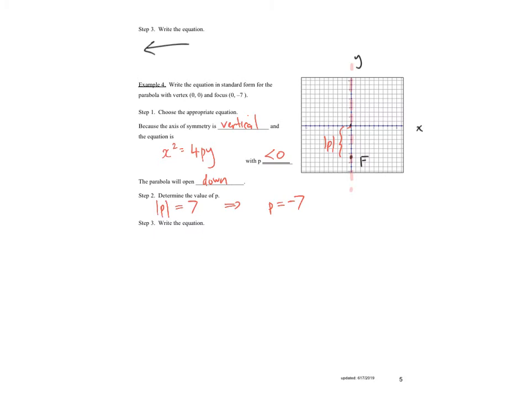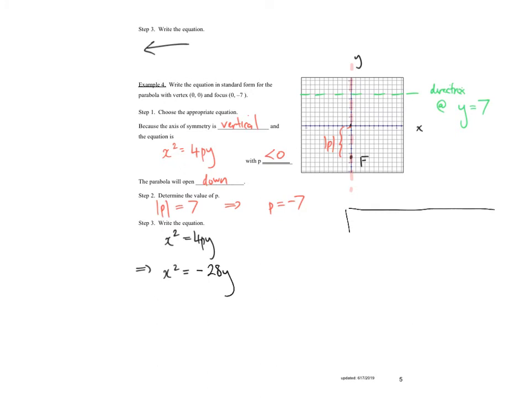If the focus was 7 units away, the directrix will be 7 units away in the opposite direction. So we'll have the directrix at y equals 7. All we have to do now is substitute this value of p into our equation to get x squared equals negative 28y.